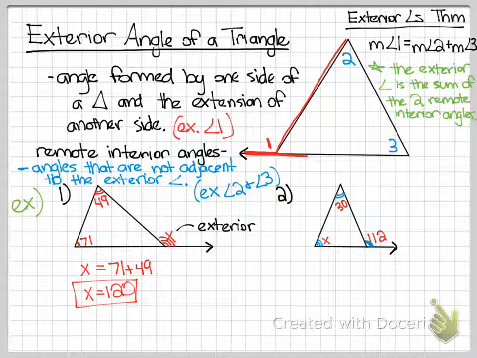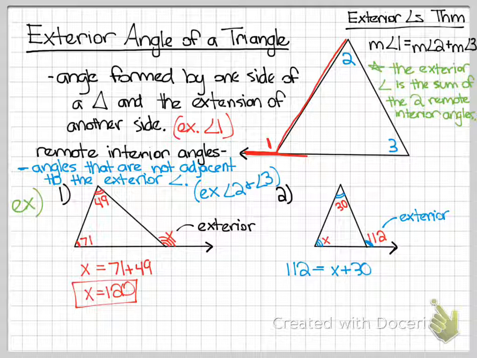We want to know what that is. So again, since this is the exterior angle, you've got to identify it as that. We know that 112, that exterior angle, equals x plus 30. Okay, so 112 has to equal x plus 30 in that case, because we have that exterior angle.